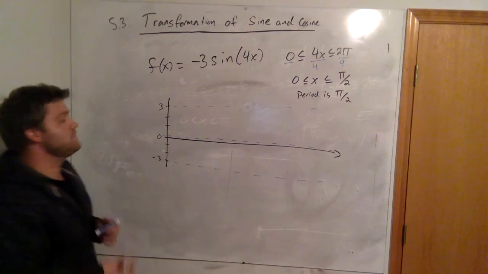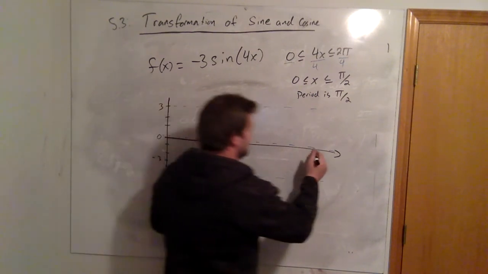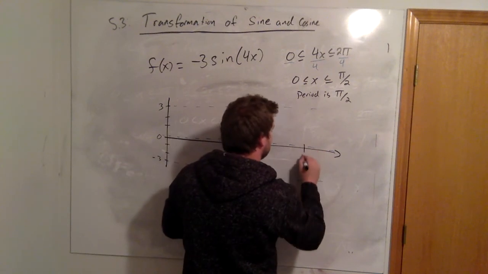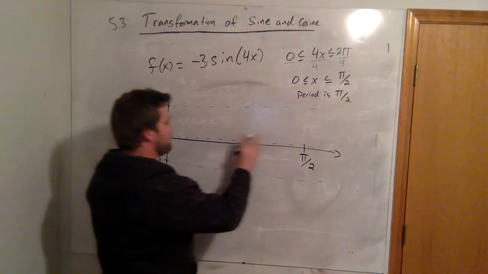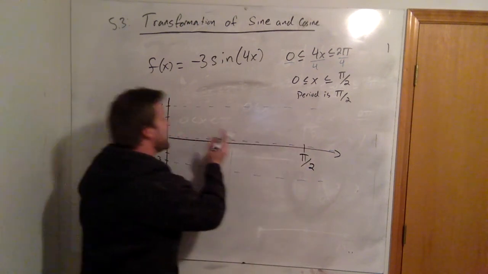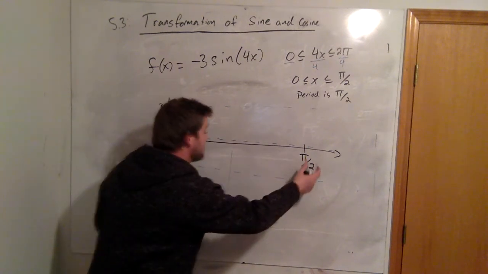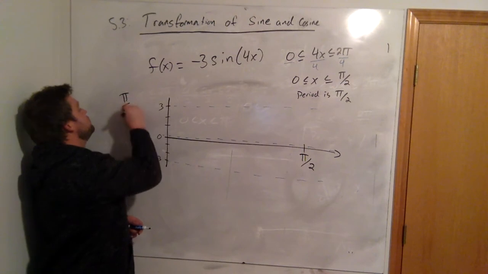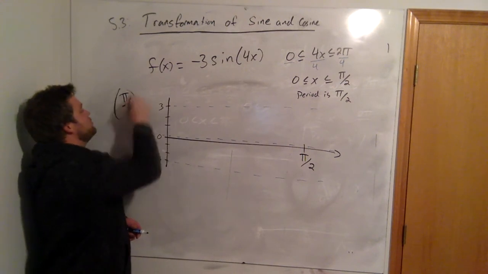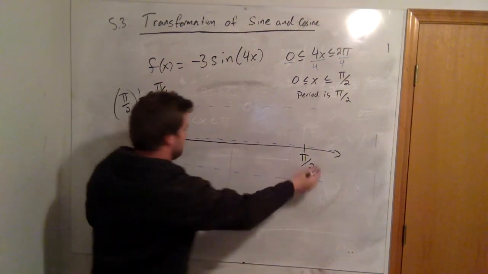Now I'm going to mark those on the x-axis. Maybe I'll put a pi over 2 here. How I label these, I want to at least have 4 notches on the x-axis. I'm going to take this pi over 2 value and cut it in half. Dividing by 2 is the same as multiplying by a half, so I'm now at pi over 4.